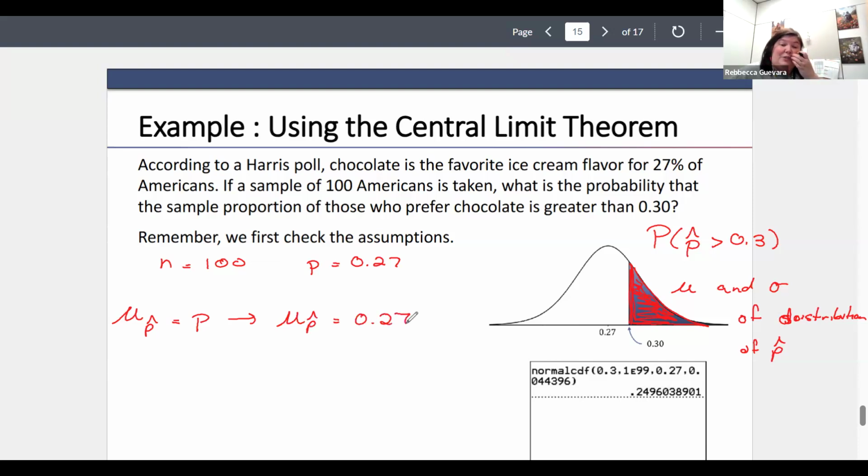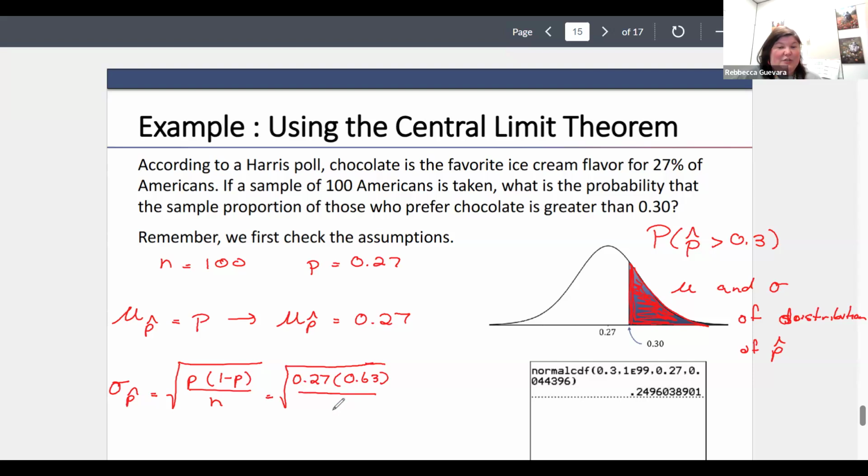So the mean of this distribution, the mean of my proportions, is going to be centered around 0.27. The standard deviation is the square root of p times 1 minus p divided by n. So that is going to be 0.27 times 1 minus p, which we just found was 0.63, divided by my sample size, which is 100. And this is going to give me approximately 0.044396.